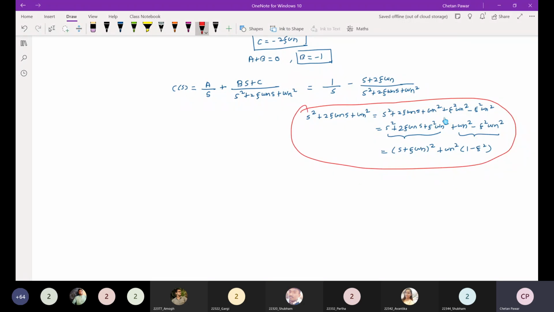So C of s will be as follows, and I will adjust these numerator terms also. Like this I will adjust.